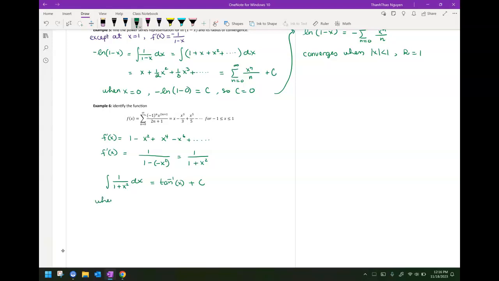When x equals 0, f of x is equal to 0, so c is equal to 0. Okay, so here we can see that f of x equals x minus x cubed over 3 plus x to the fifth over 5 minus, so on and so forth. This is the representation of tangent inverse of x, and it converges from negative 1 to 1.